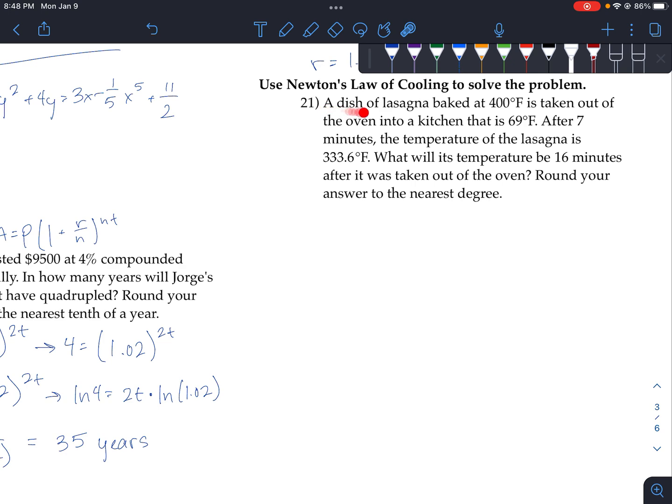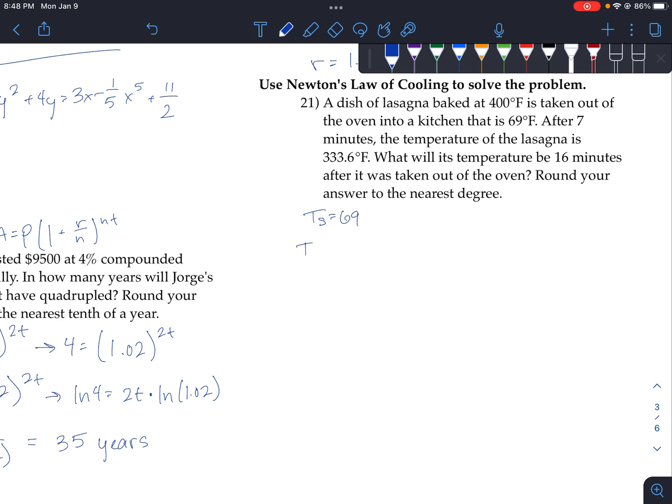So it says that a dish of lasagna baked at 400 degrees Fahrenheit is taken out of the oven into a kitchen that is 69 degrees Fahrenheit. After 7 minutes, the temperature of the lasagna is 300 K. So it looks like the surrounding temperature is going to be equal to 69 degrees Fahrenheit. Let's see.